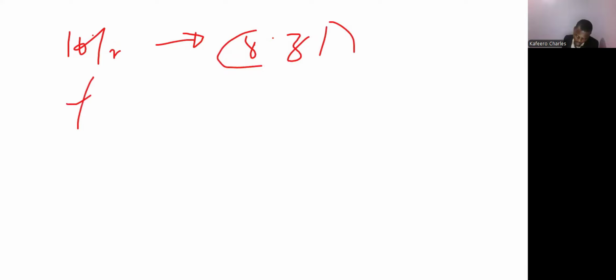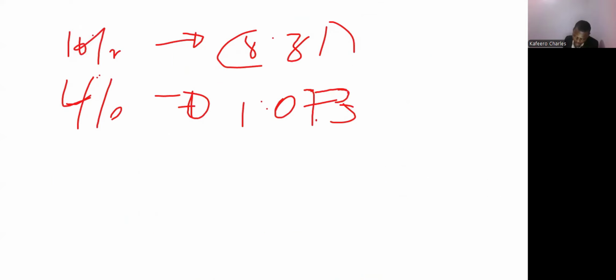We also have 4% that gave us 1.073. So these are the ones that we are substituting in our formula.